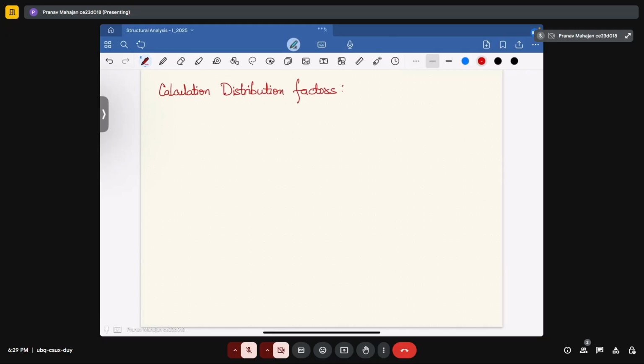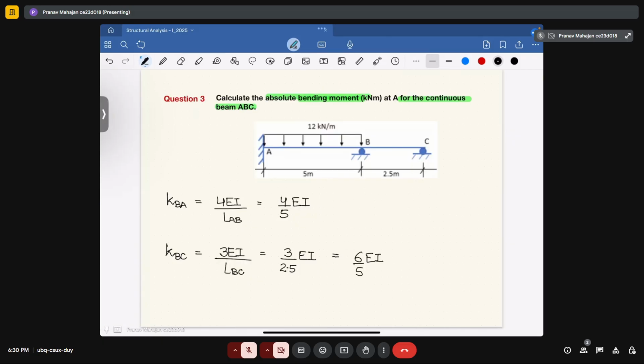DF of BA will be equal to K of BA divided by K of BA plus K of BC, and that will give you K of BA equal to 4 upon 5 EI divided by 4 by 5 EI plus, for BC, we have calculated 6 by 5 EI.